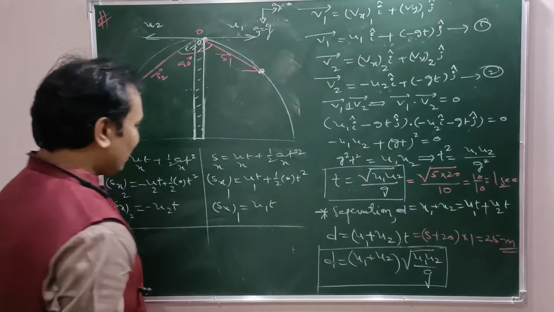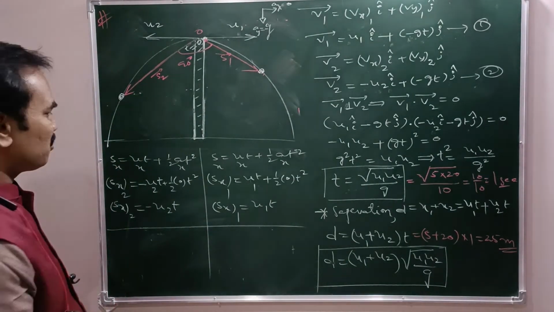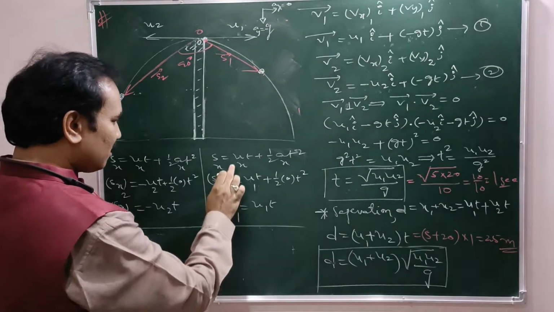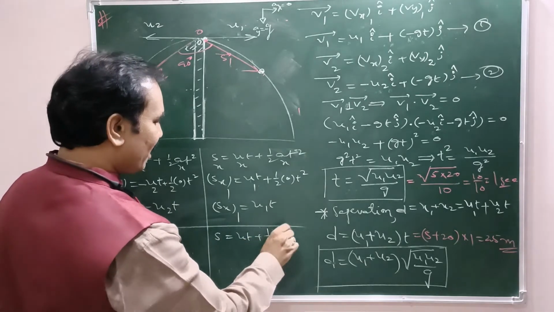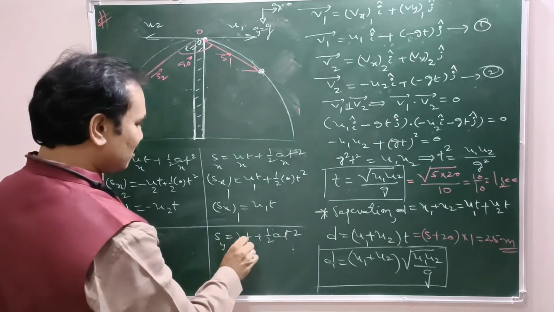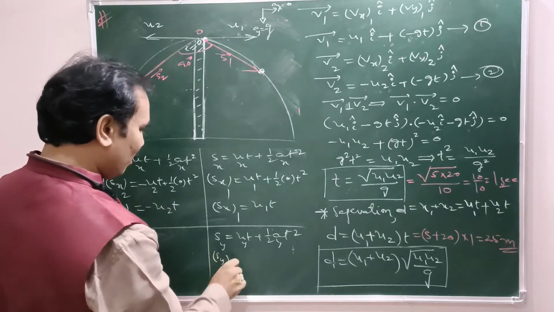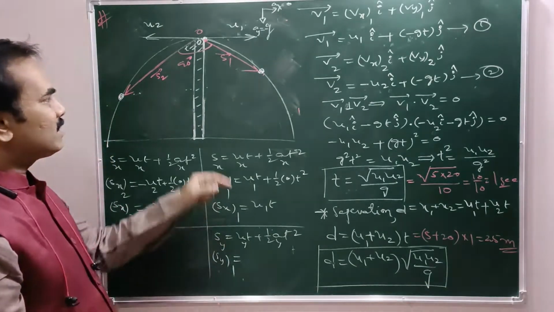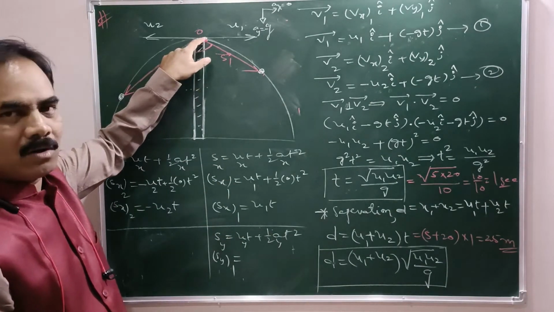Similarly, take the y component for the displacements. So S1y, same expression once again, S equal to ut plus half at square along y-axis. Sy becomes Sy1 for the first projectile, that is uy. What is the initial velocity along the vertical here? 0.